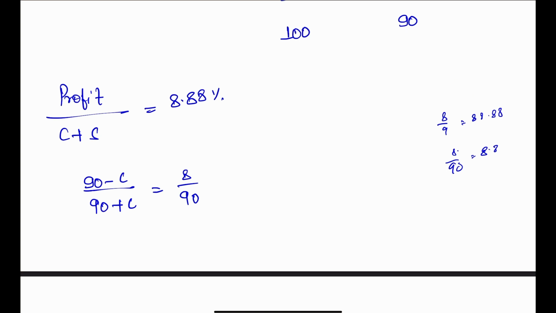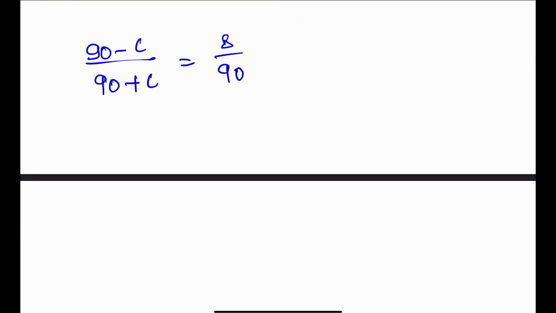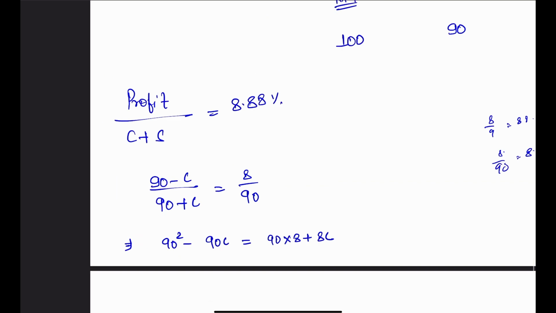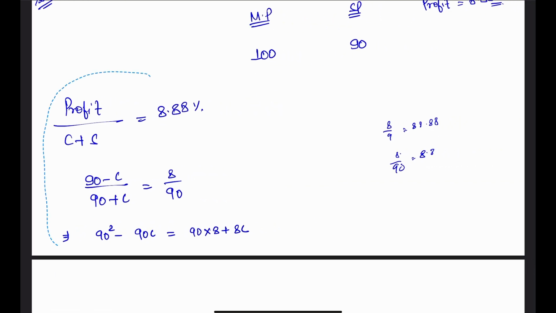So eventually I will be getting 90 square minus 90C equal to 720 plus 8C. So let's bring it a little bit to the top.